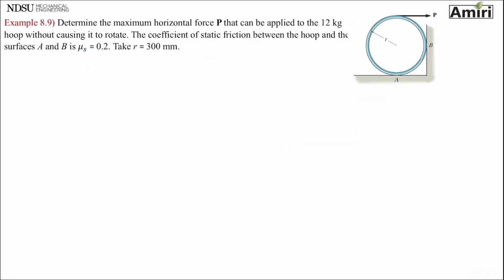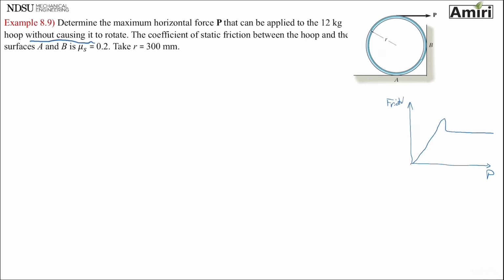Okay, let's look at another problem. Find the maximum horizontal force P that can be applied to a 12 kilogram hoop without causing it to rotate. Let me really quick go back to make sure everyone understands maximum and minimum.